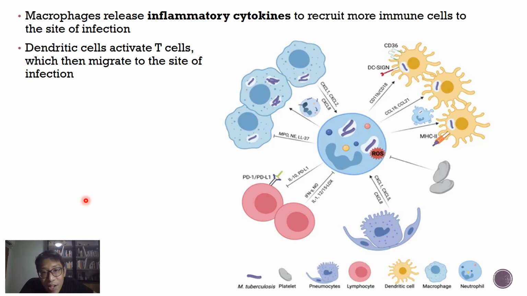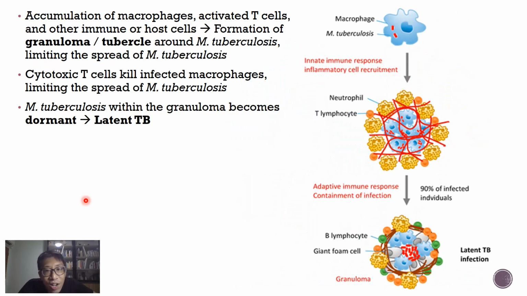They will activate those T cells, and once activated, the T cells will then migrate to the lungs, to the alveoli where the infection occurred. With all these cells migrating to the site of infection, they will then surround all these infected macrophages.